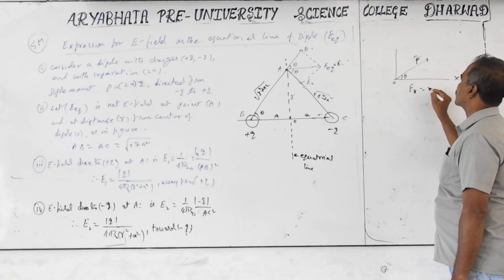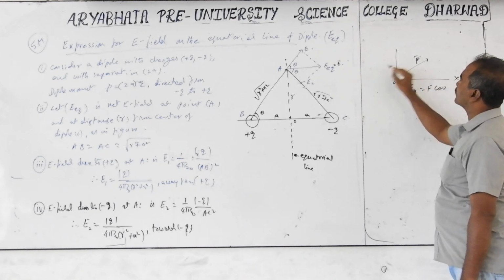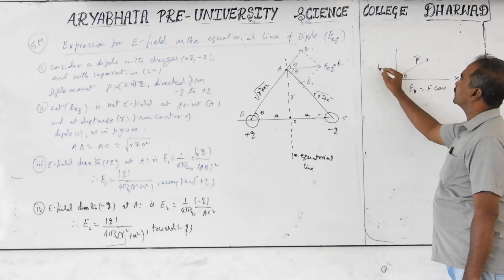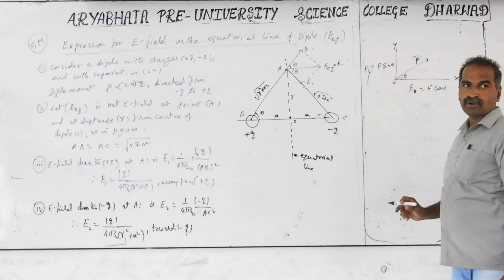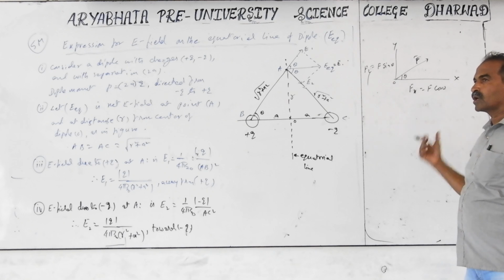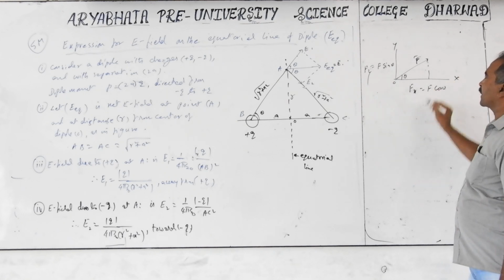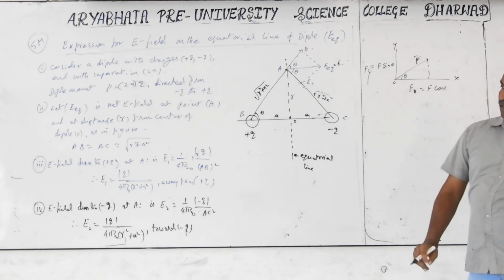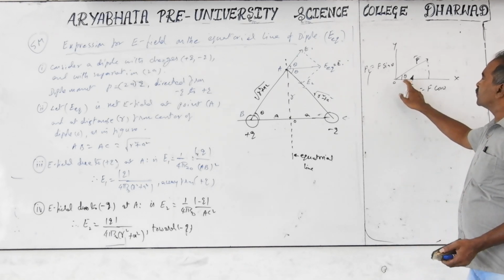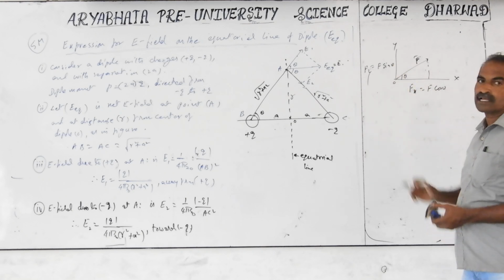So Fx equals F cos theta. What is the other side? Then take it as F sin theta, which is Fy along the y-axis. With a known angle, the cos component is on that side and the other side gets the sin component. If you don't remember which is which, take a triangle, where cos theta and sin theta are adjacent and opposite by hypotenuse. But better remember: the known angle side gets cos and the other side gets sin.